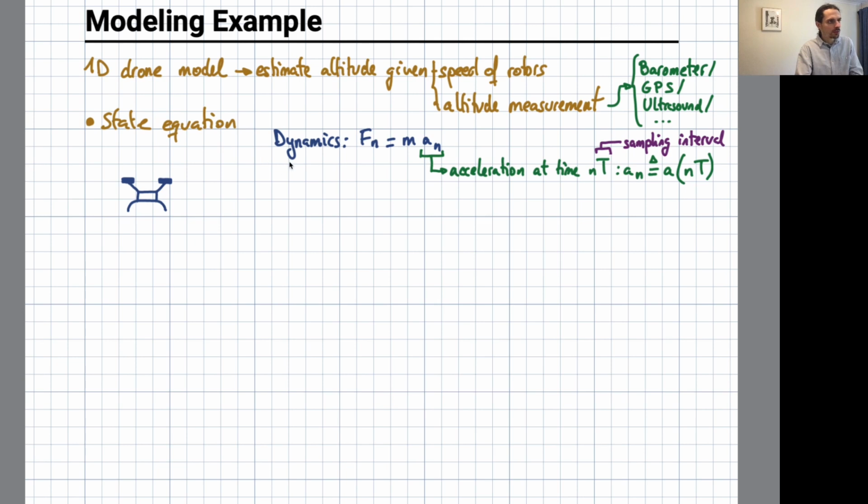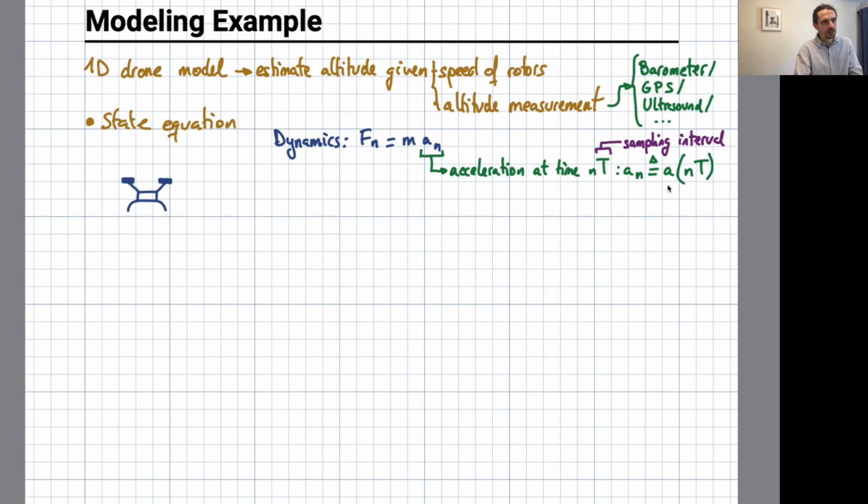This means that we need to refresh a little of our high school physics. Remember that in Newton's laws, the force is the mass times the acceleration, where here the acceleration at time n is taken at time n times capital T, where capital T is the sampling interval.